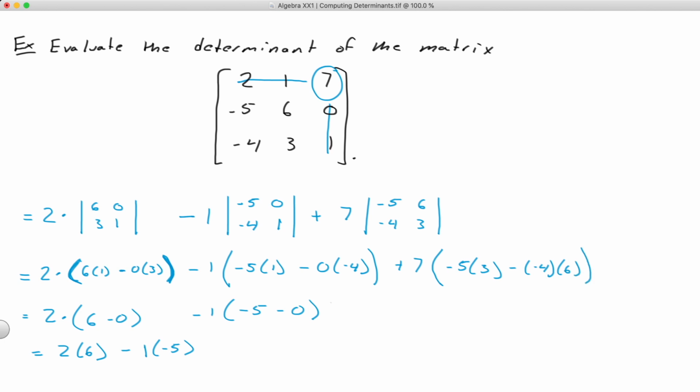And simplifying this, we'll have 7 times -5 times 3, which is -15, minus -4 times 6, or 2 negatives make a positive, so +4 times 6, giving us +24. Then adding these together, -15 plus 24 is going to give us +9, and so we'll have +7 times 9.